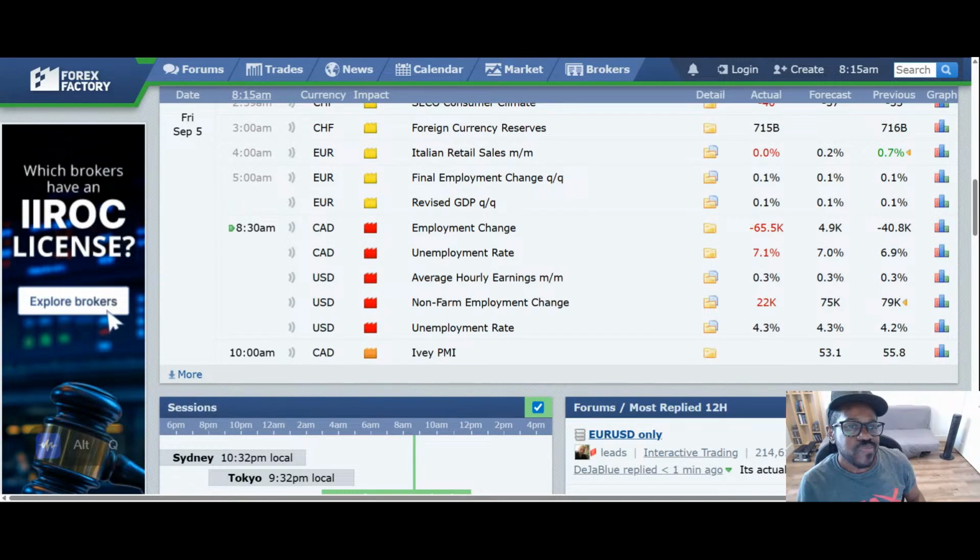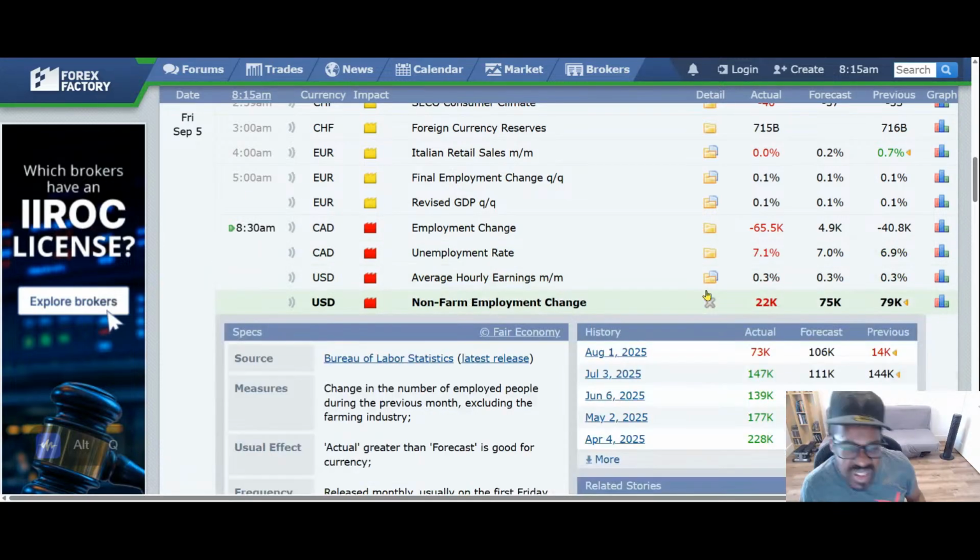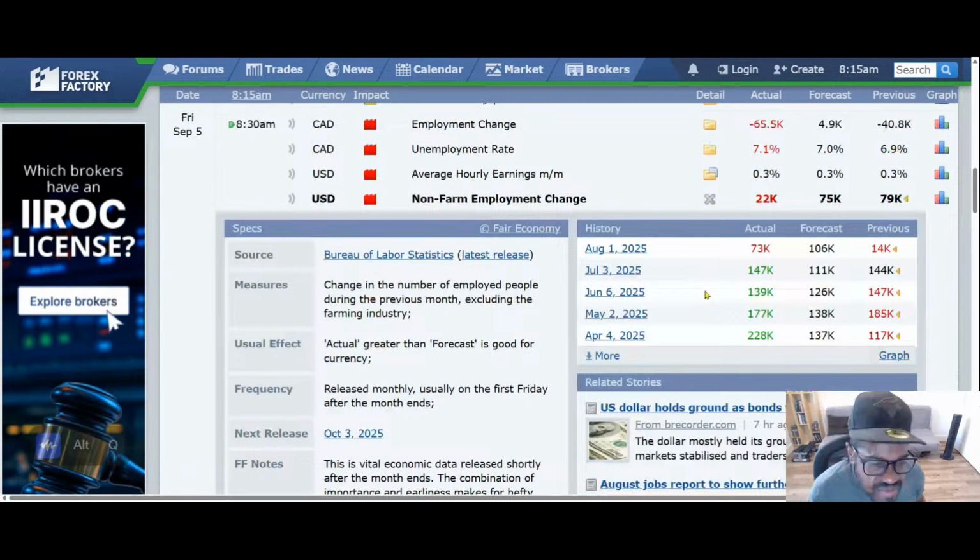All right, so unemployment rate, so non-farm. Oh my God. Okay, so it was at 22K, and we're expecting 75, so that's really bad.